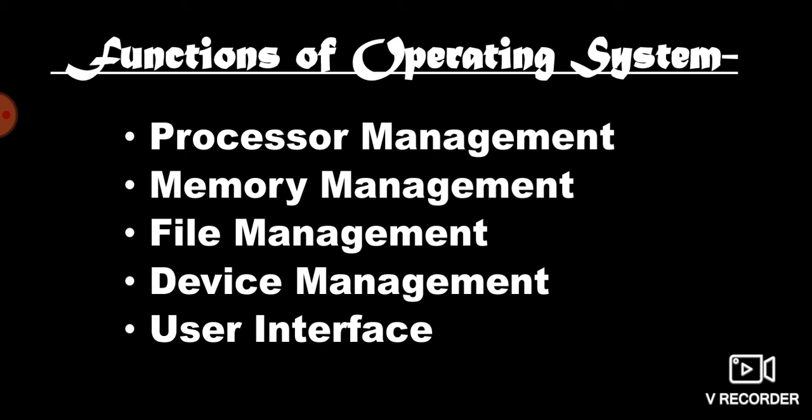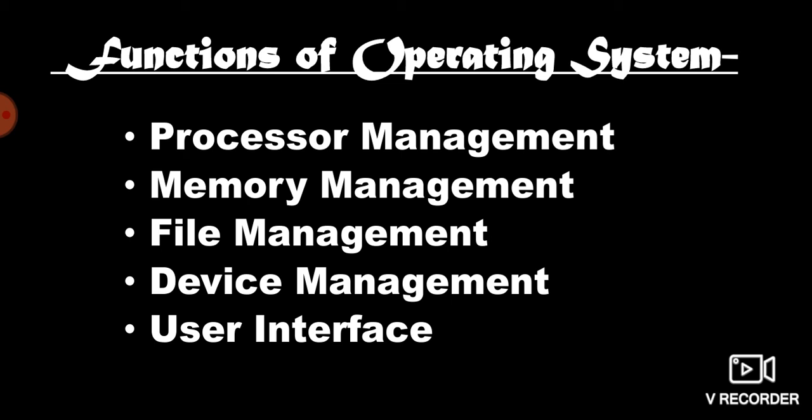So an operating system manages all the memory, either primary memory or secondary memory, and this function allocates memory to the running process and deallocates memory from the processes when the process ends or is completed.